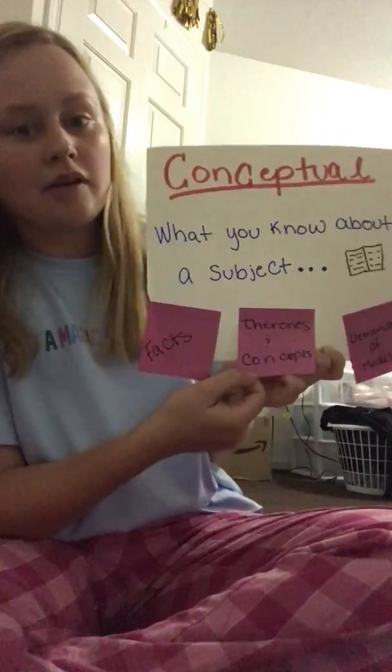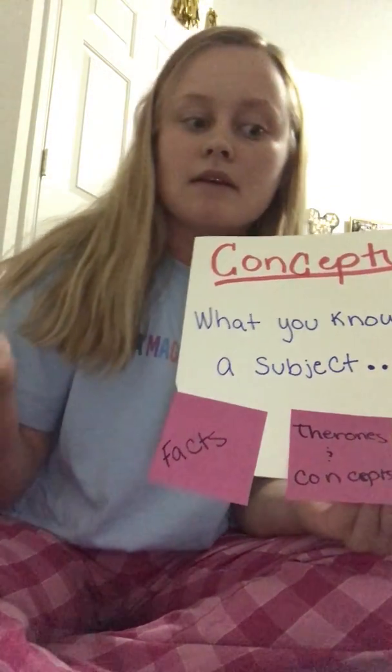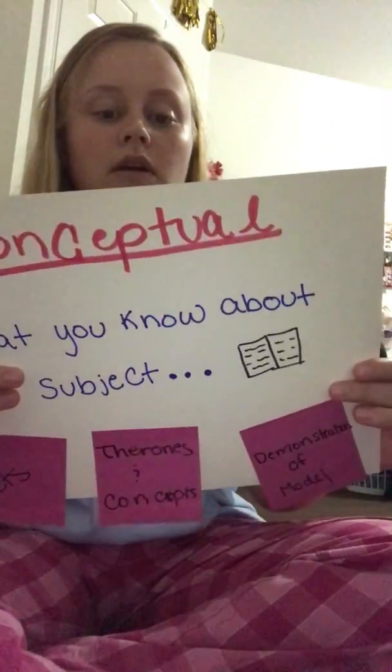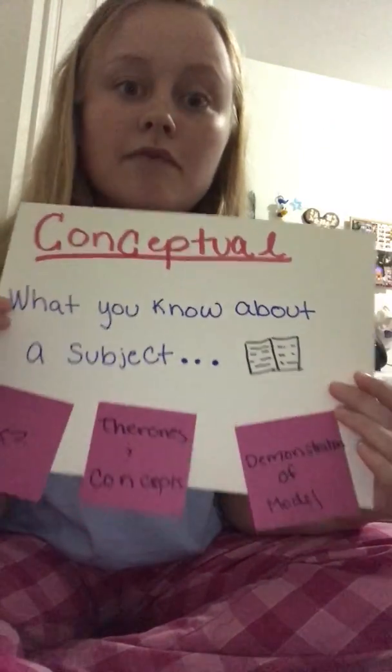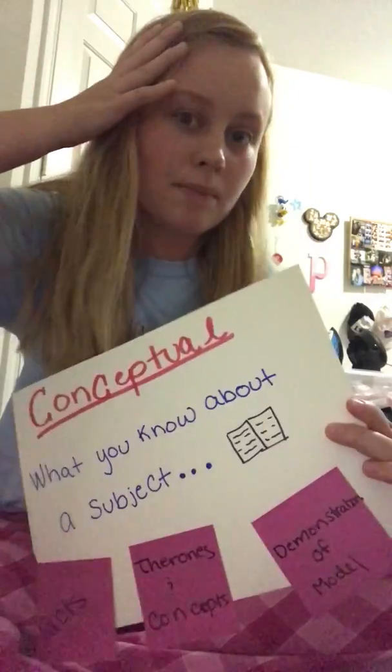Another example is theory and concepts, or maybe memorizing a model such as where the human heart is, or where your eyes are. So conceptual is kind of memorizing what you've learned, and you have it all up here.